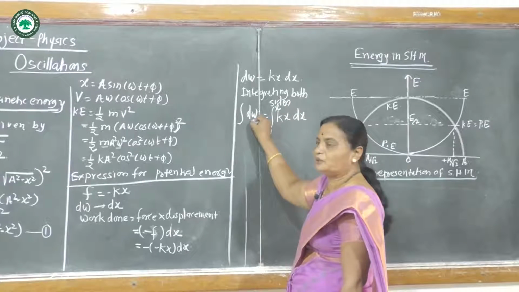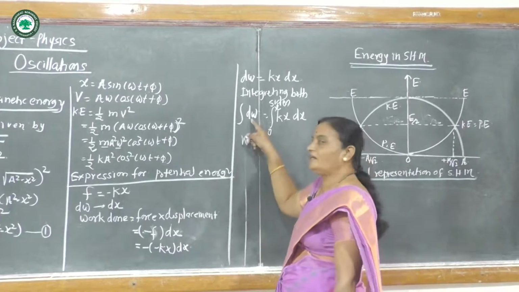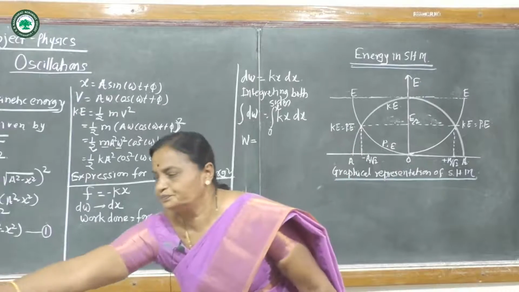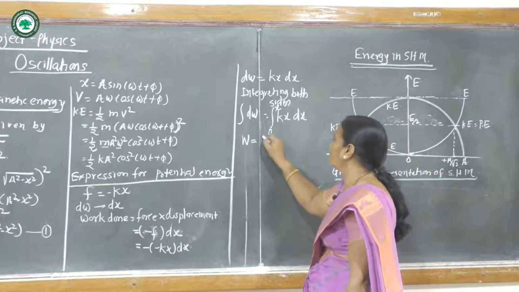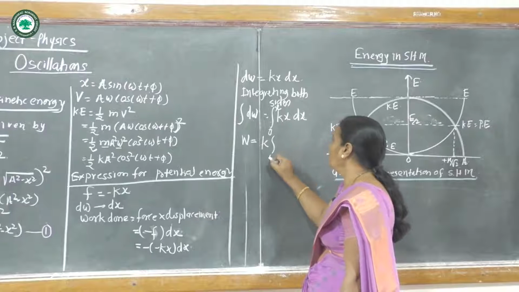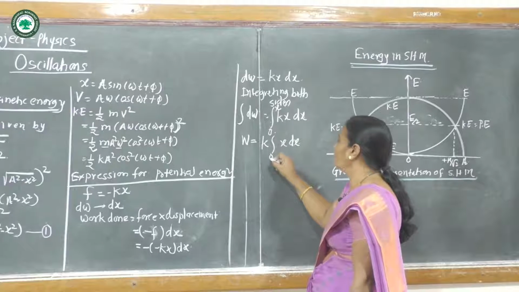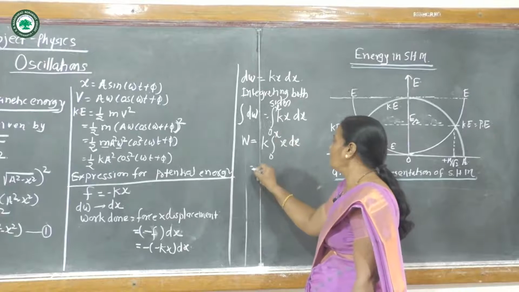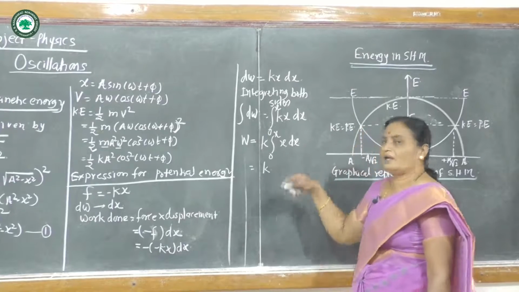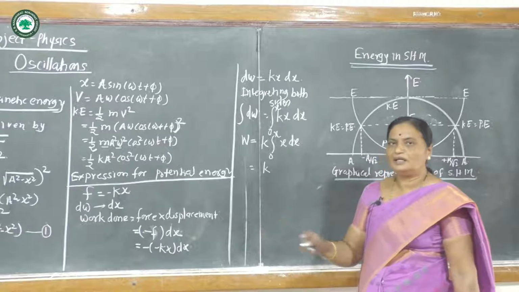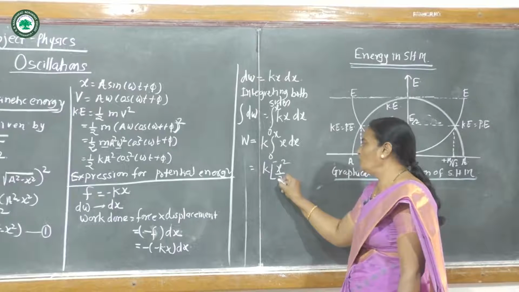Integration of dW is W. Here k is constant, and the integration of x dx uses the formula: integration of x raised to n is x raised to n plus 1 divided by n plus 1, that is x square divided by 2.